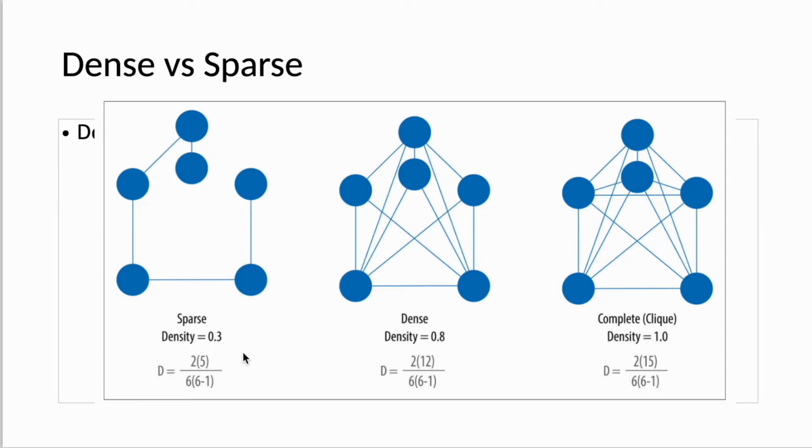So, we have a metric called density to describe such property, and it's computed as follows. A special type of graph is called a complete graph and denoted by K sub the total number of vertices. For example, this is a K6, sometimes called a clique. And the density of complete graphs, cliques, or K sub n is always equal to 1.